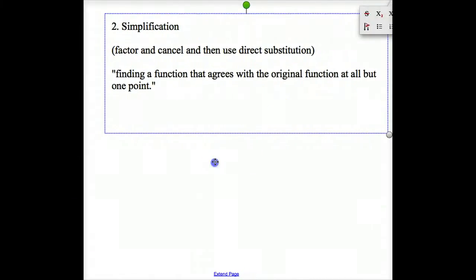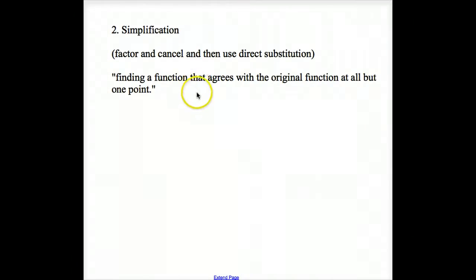What that means is you're going to simplify the function, cancel out something, so your new function is actually not completely equal to the original function. It agrees with the original function, which means it looks like the original function on a graph everywhere but one certain point. So I'll show you an example of that.